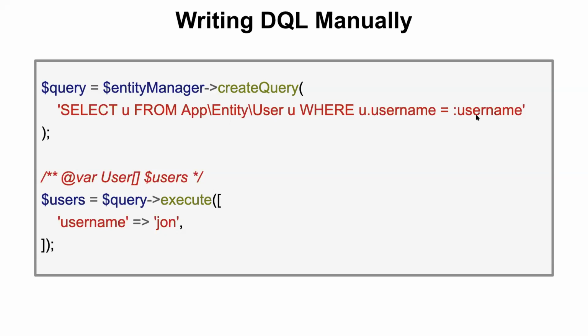With DQL, you can specify a parameter, and this is to avoid SQL injections, just the same as you would if you were writing SQL. And the execute method accepts as the first argument an array of values, where the key matches the name of the placeholder over here, and the value is the value that you actually want to look up in the database for records that match the username of John.